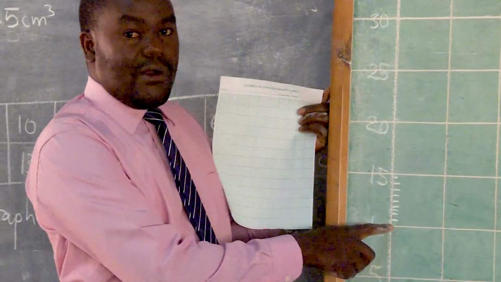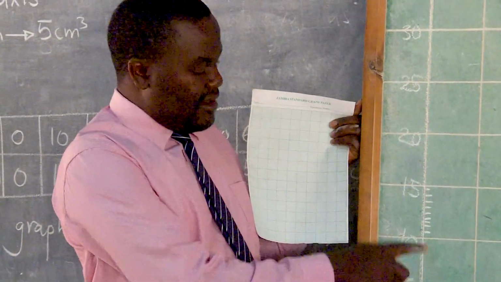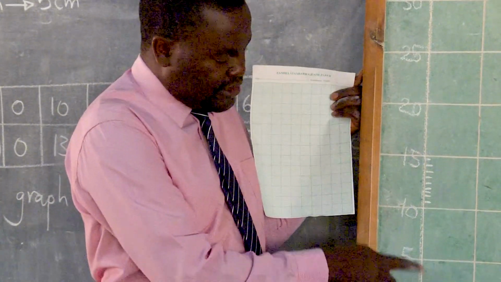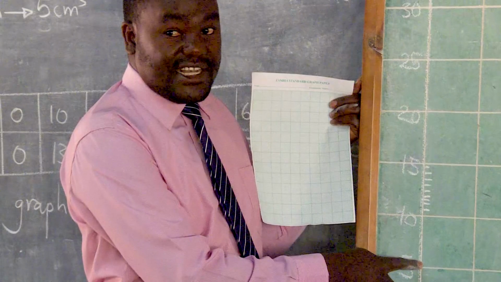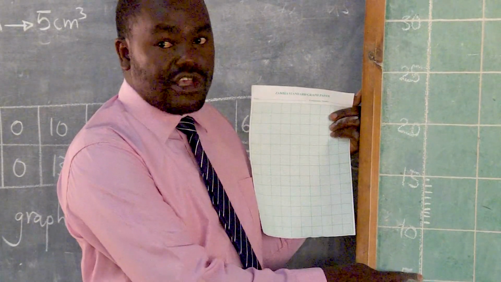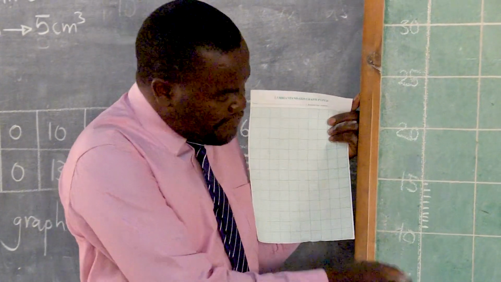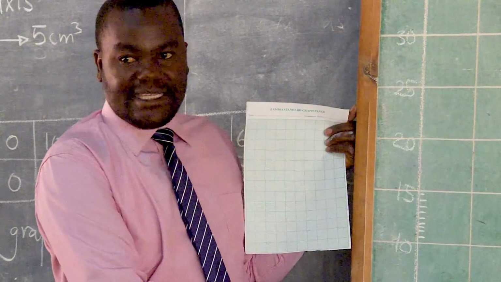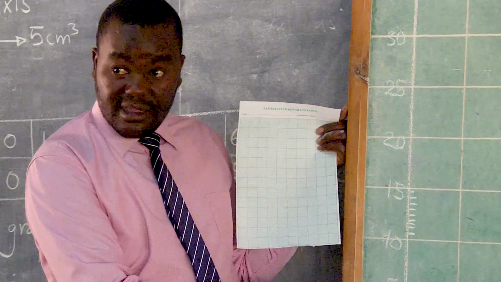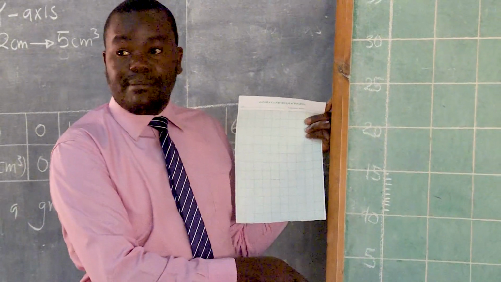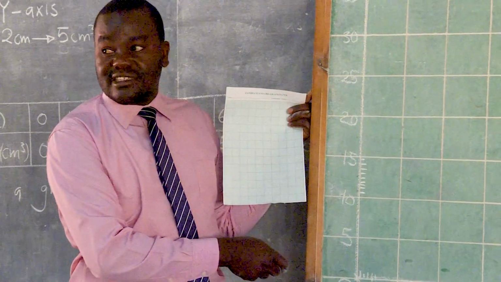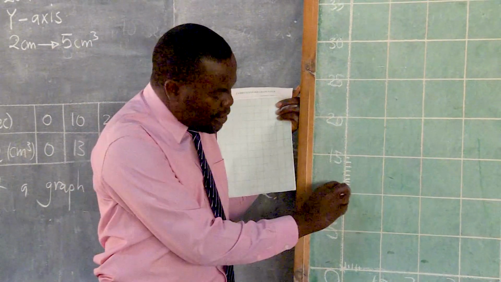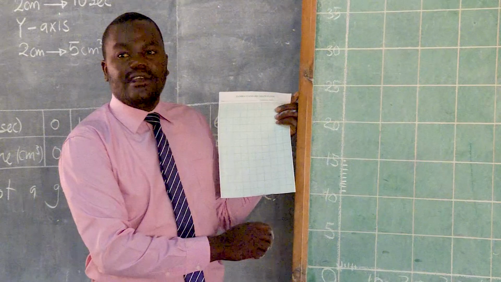So, if this is our 10, from this point to this, the 2 centimeters represents 5 cubic centimeters. So for us to know the value of this smaller box, we have to divide 5 by 10, which gives us 0.5, meaning the value of a smaller box is 0.5.